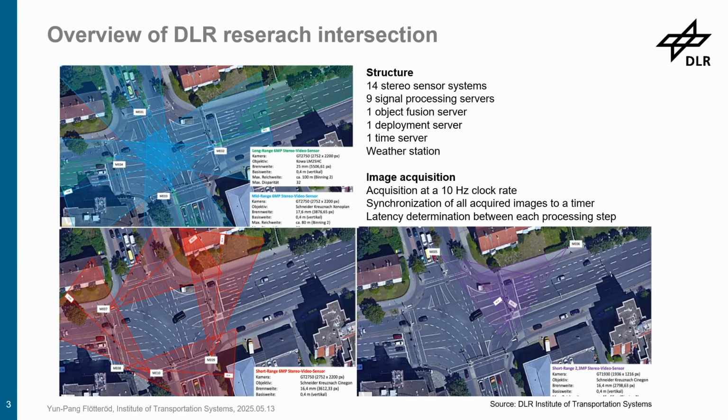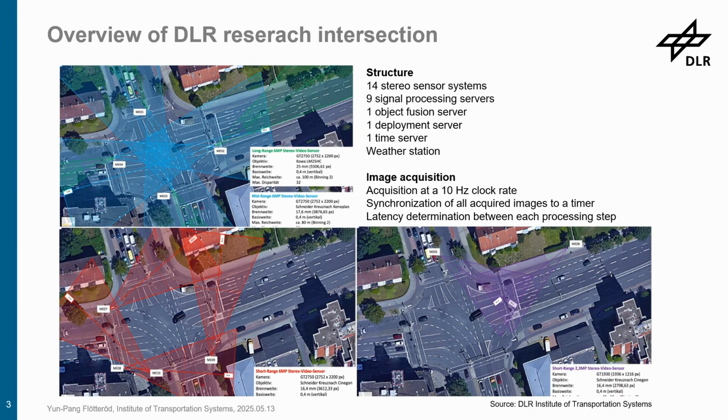Now I would like to provide you some basic information about this research intersection. This intersection is well equipped with different kinds of video sensors, and these systems continually collect real-time data, for 24 hours.